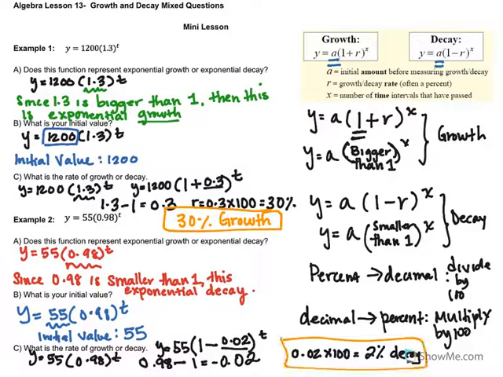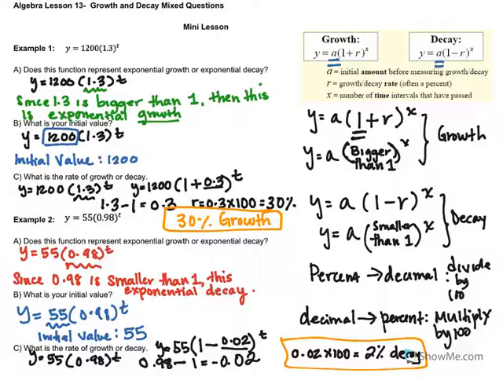And that's my answer. Okay, so all you have to do to go through these steps is figure out, do you have something bigger or smaller than 1? If it's bigger, it's growth. If it's smaller inside of your parentheses, then that means it's decay. Your initial value is always the amount before the parentheses.